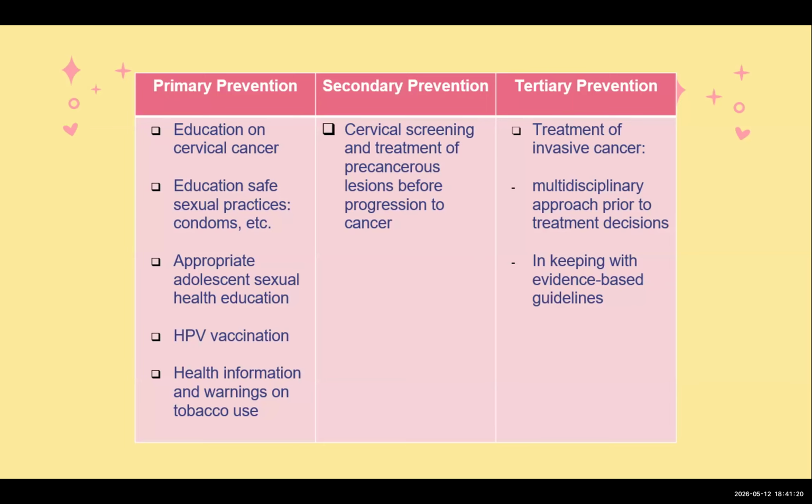So moving up, the secondary prevention would include screening and treatment of precancerous lesions before progression to cancer. And the tertiary prevention would include treatment of invasive cancer, which involves a multidisciplinary approach prior to treatment decisions. So this would also include procedures such as cryotherapy, surgery, radiotherapy, and even palliation.